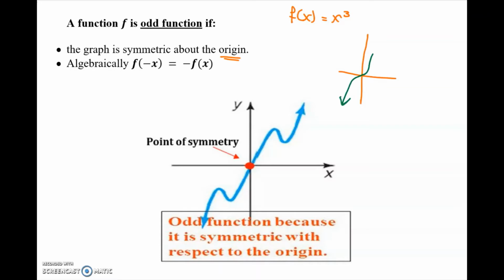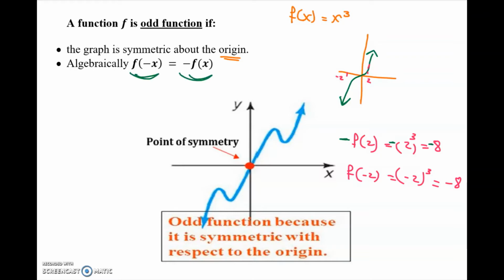If I take a point like 2 and -2, I will notice that f(2), by substituting here, will be equal to 2 cubed, which is 8. f(-2) will be equal to (-2) cubed, which is -8. So they are not the same. But if you put a negative outside here, they will be the same. So f(-x) will be -f(x).